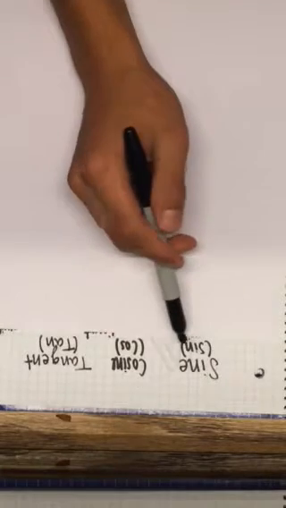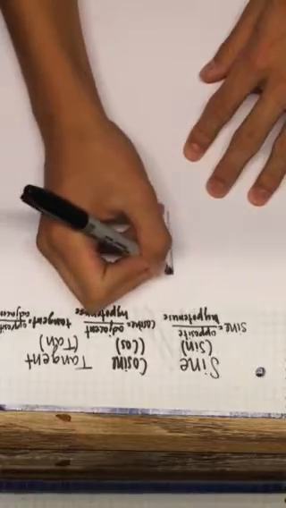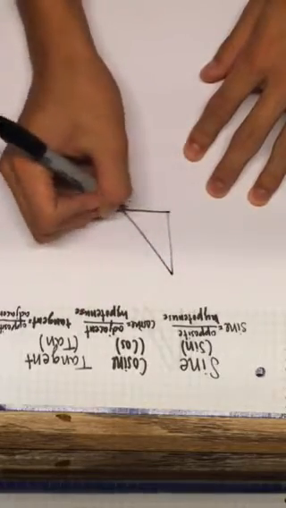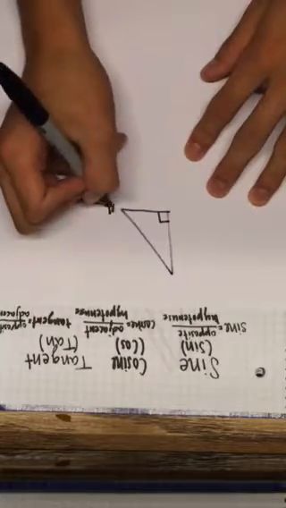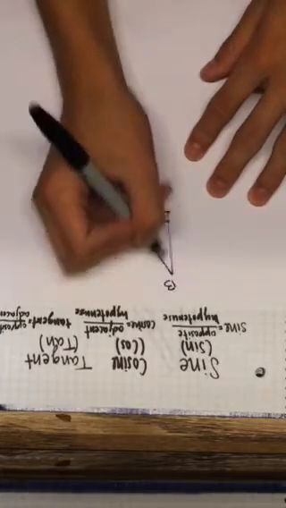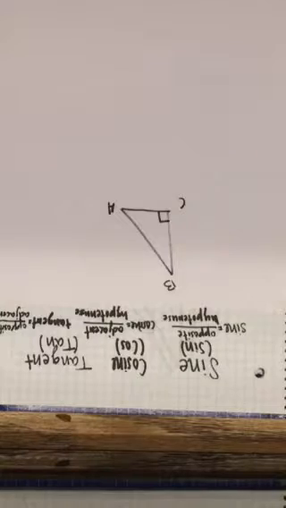Now we're getting some of the more important stuff, which is sine, cosine, and tangent, and their abbreviations are right here. And so sine is the opposite of a right triangle over the hypotenuse. The cosine is the adjacent side over the hypotenuse, and the tangent is the opposite over the adjacent.